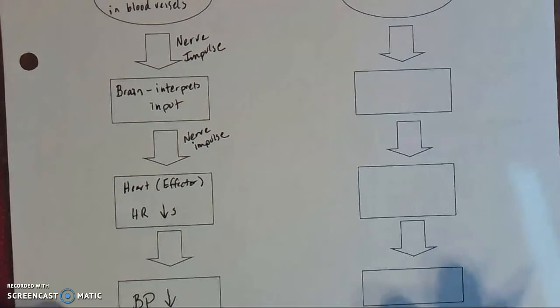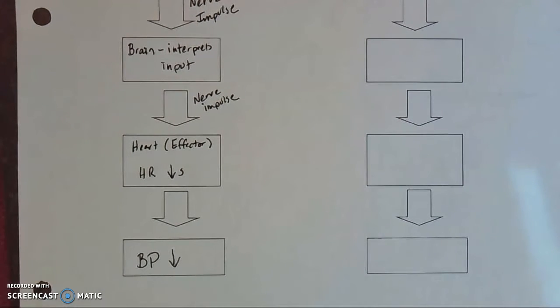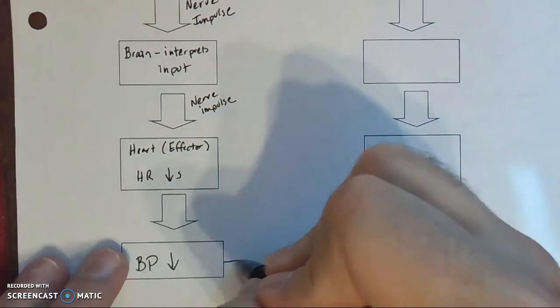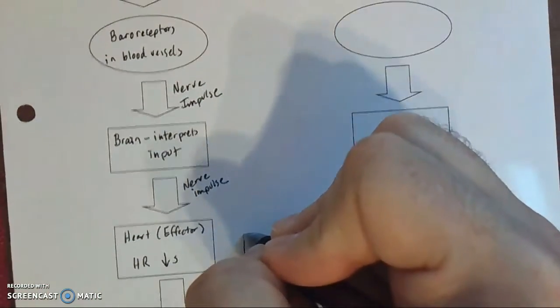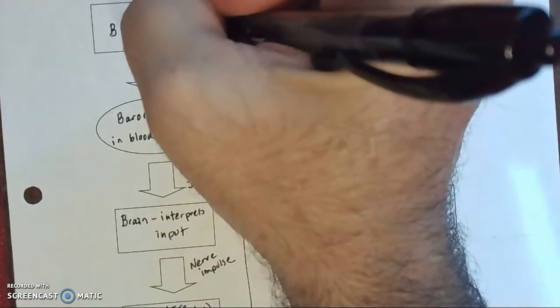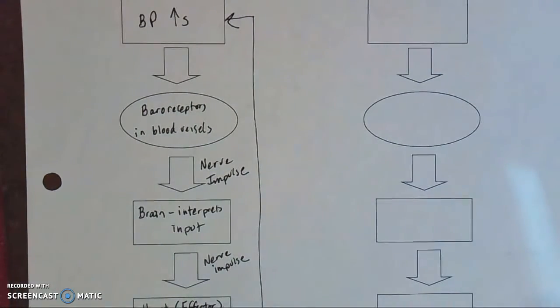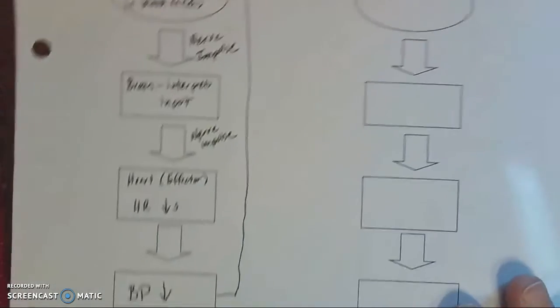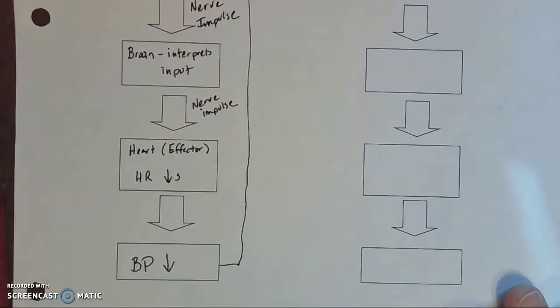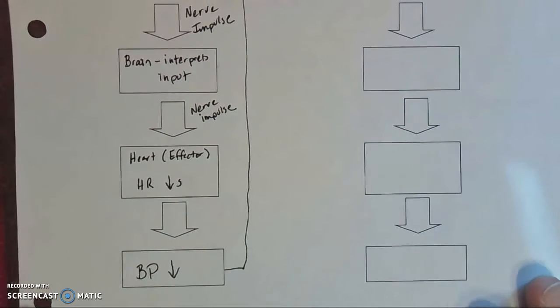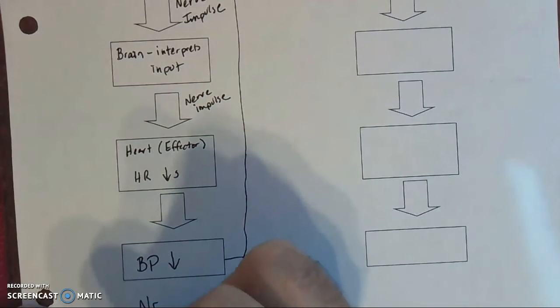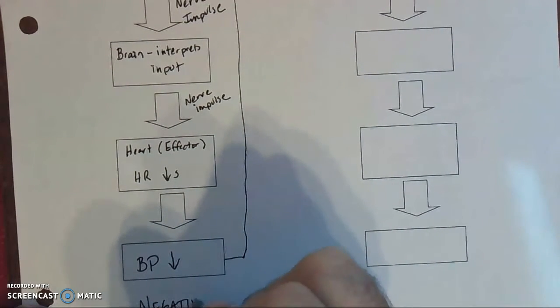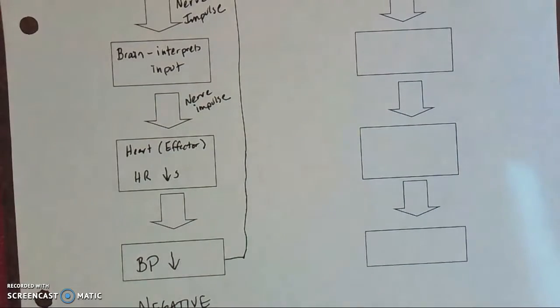Now, if the blood pressure does not go down enough, this whole thing can repeat itself until it does go down. This is an example of negative feedback.